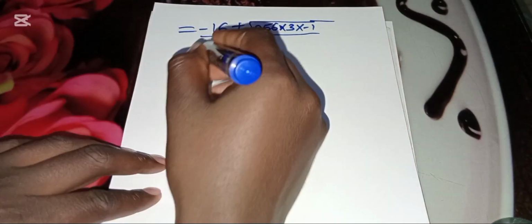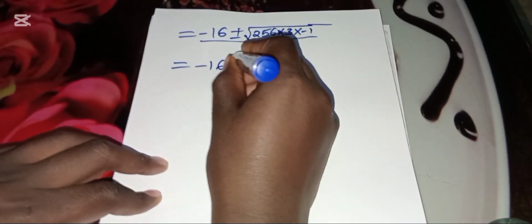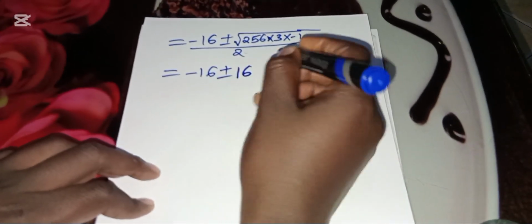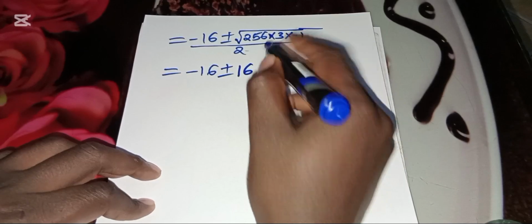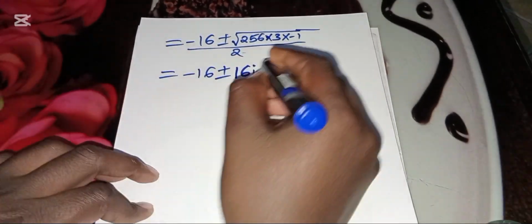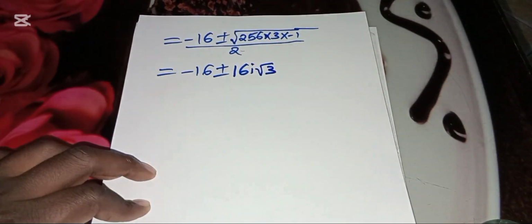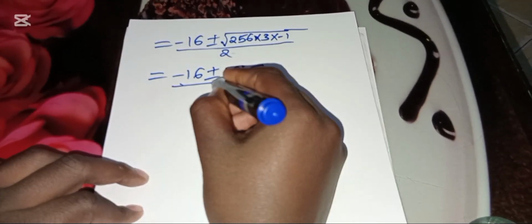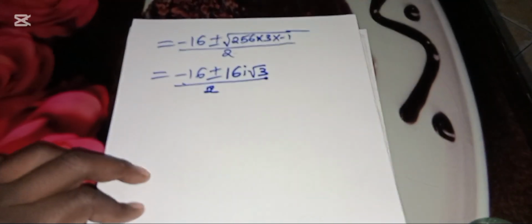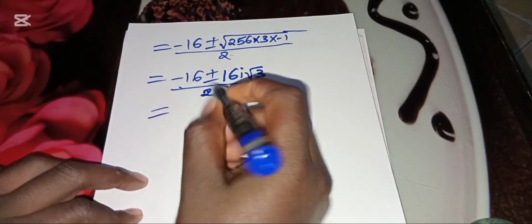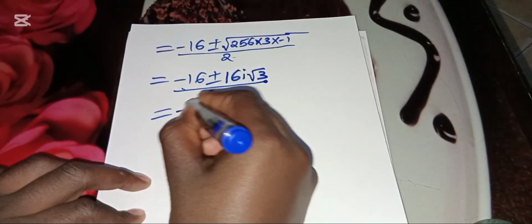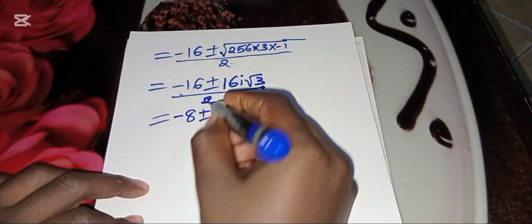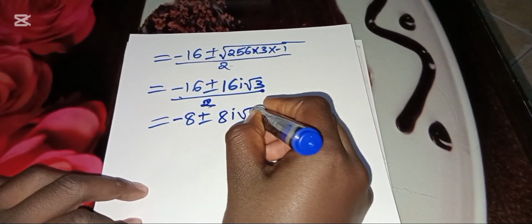So we're going to have negative 16 plus or minus the square root of 256, which is 16, and the square root of negative 1 is given as i, and then the square root of 3, divided by 2. So that now we're going to have negative 16 divided by 2, which is negative 8, plus or minus 16i divided by 2, which is 8i square root of 3.